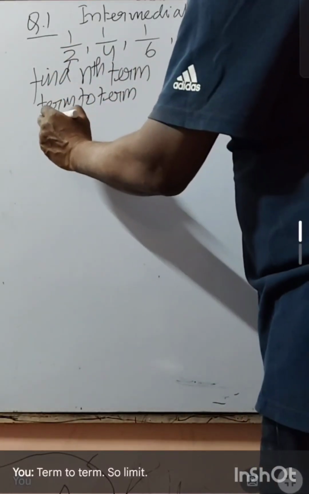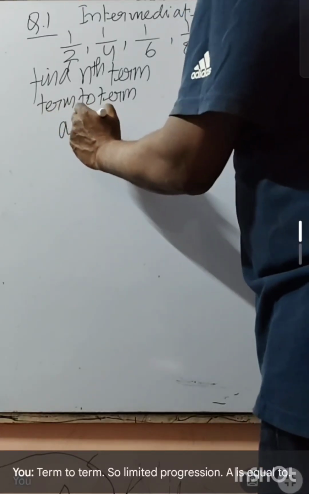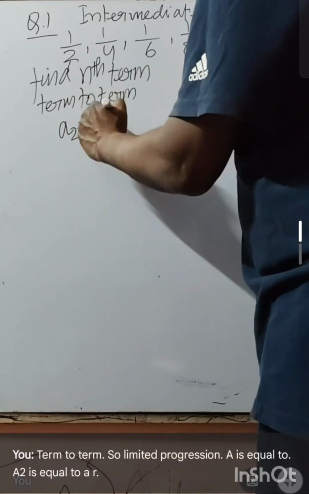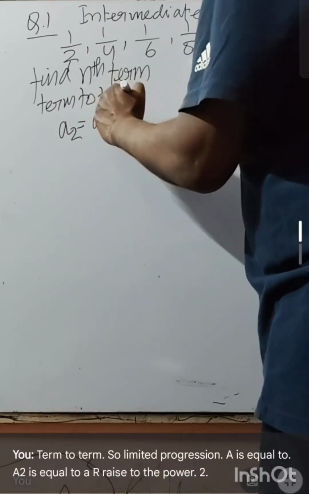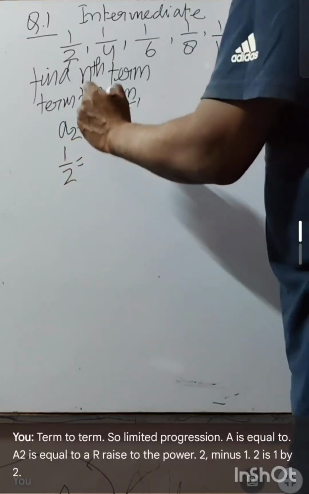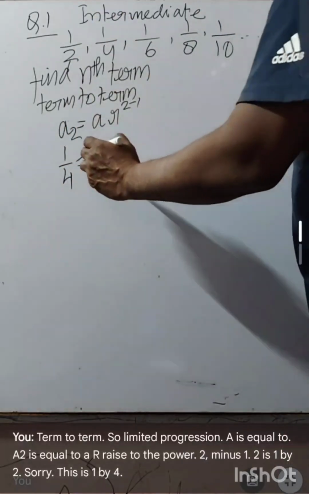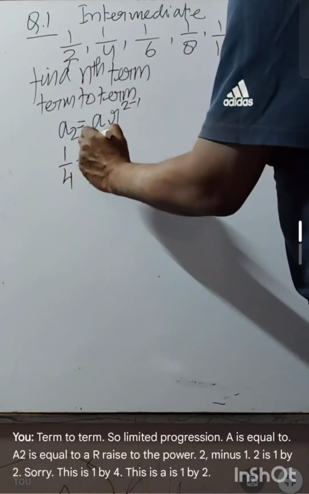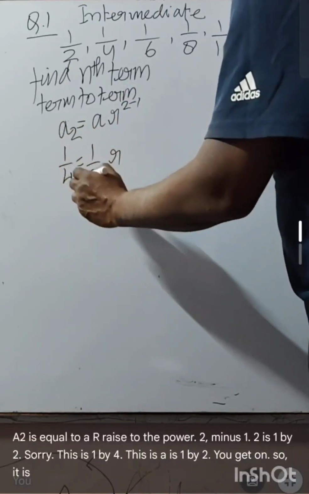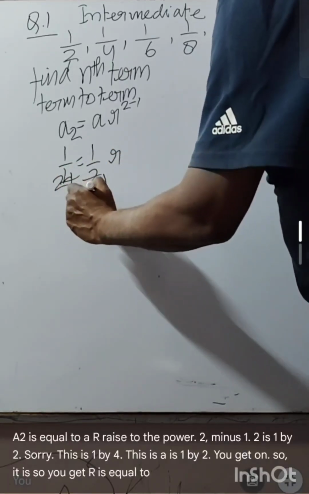So geometric progression: A2 is equal to A r raised to the power 2 minus 1. A2 is 1 by 4, A is 1 by 2. You get r, so r is equal to 1 by 2.